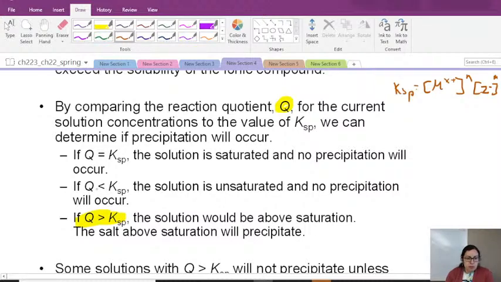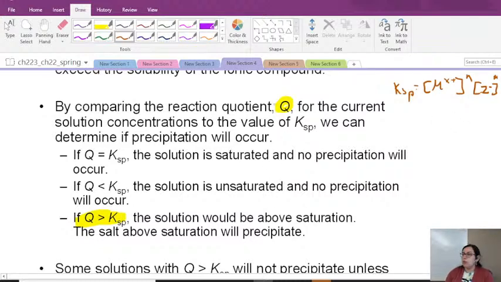And then just like before, if we take our snapshot of Q and it's less than our KSP, then it's unsaturated and we will not have precipitation. If Q is equal to KSP, then our solution is right at saturation, and so no precipitation will occur. But of course, you add one more speck and then you will have precipitation.